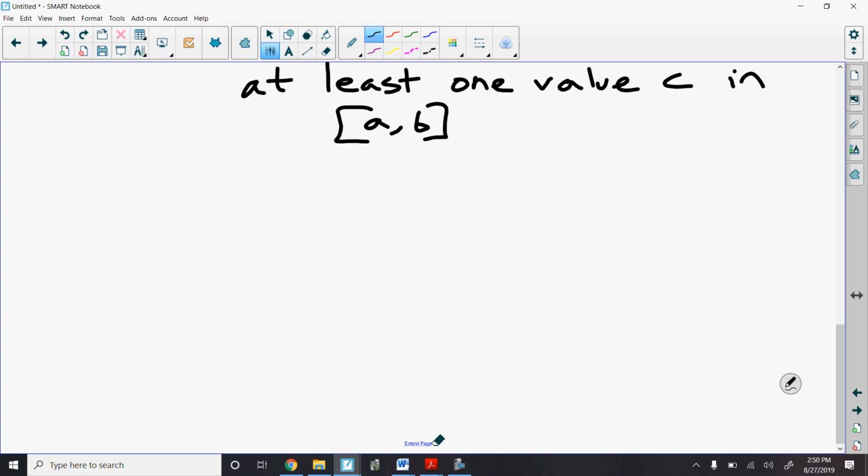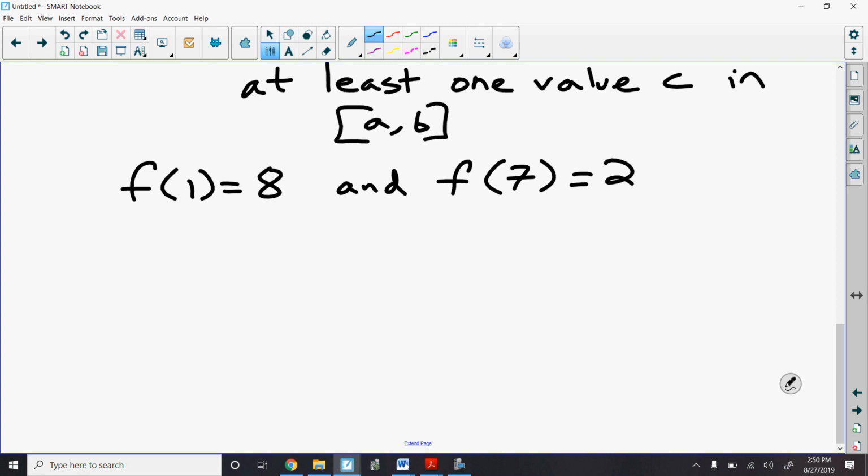Let me show you just a quick example of what I mean using numbers. Okay, here's what we have. f of 1 equals 8, and f of 7 equals 20. Okay, that's what we know. We also know f is a continuous function.